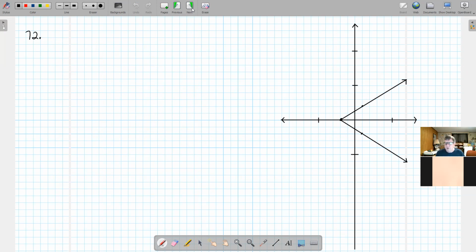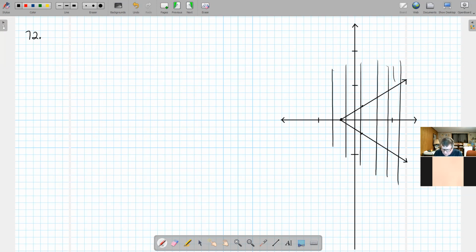Okay, we're going to introduce something that's called the vertical line test. Basically, I'm going to take the graph and I'm going to go across and draw a series of vertical lines. Any one of those vertical lines that cuts through the graph more than once shows that it's not a function.